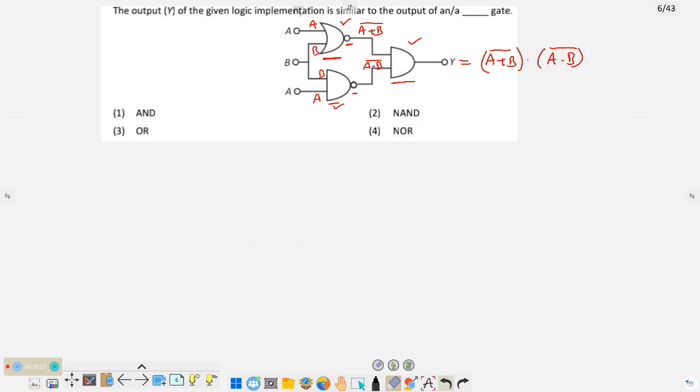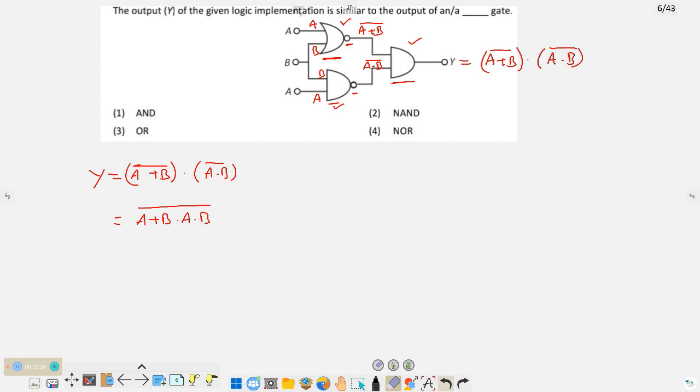That output is equivalent to which one, we need to find. Y is equal to A bar plus A plus B whole bar dot A dot B whole bar. This is the equation. Now if you observe here, I can write simply A plus B dot A dot B whole bar.